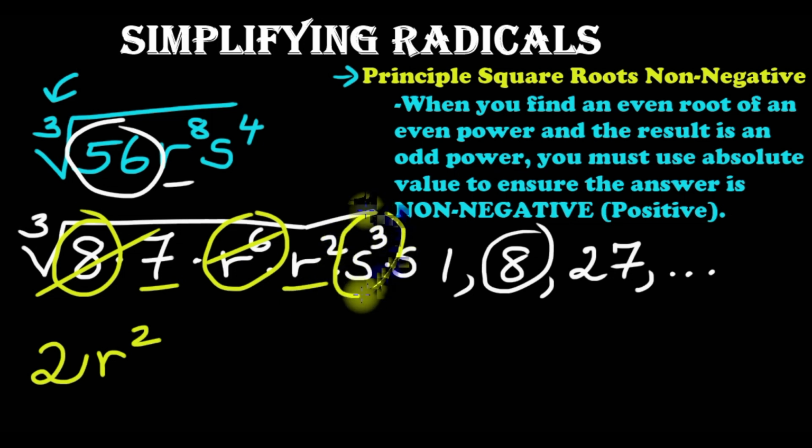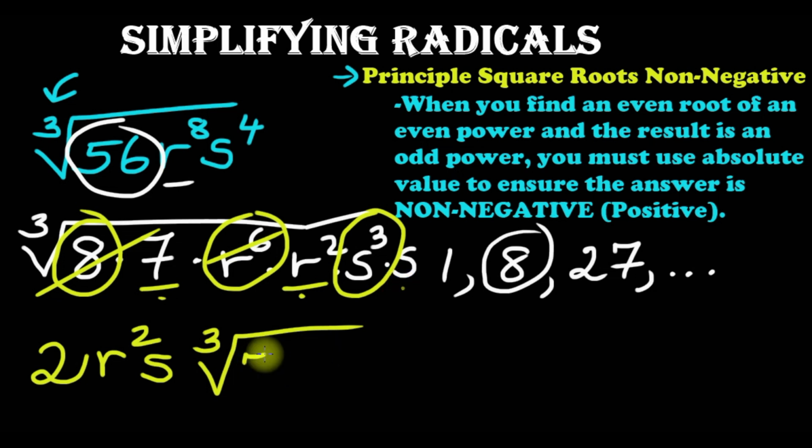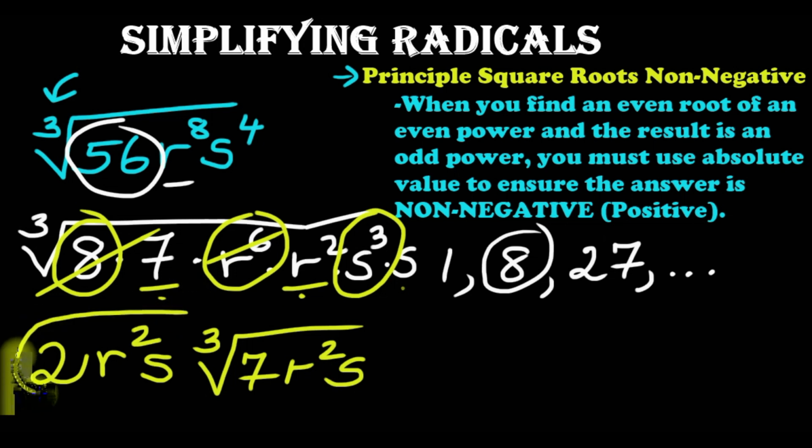And then here, 3 goes into 3 1 time, so that's just going to be s. And then we have the cube root of the radicand, so your radicand is going to be 7r squared s. So 7r squared s. So this is your final answer.